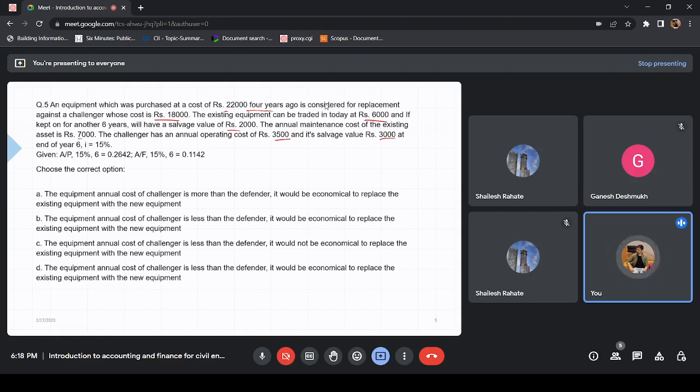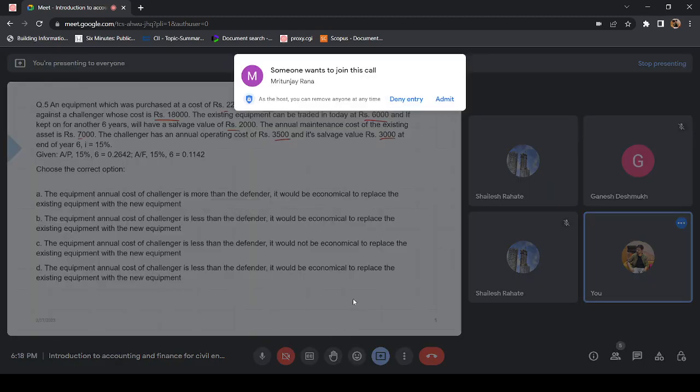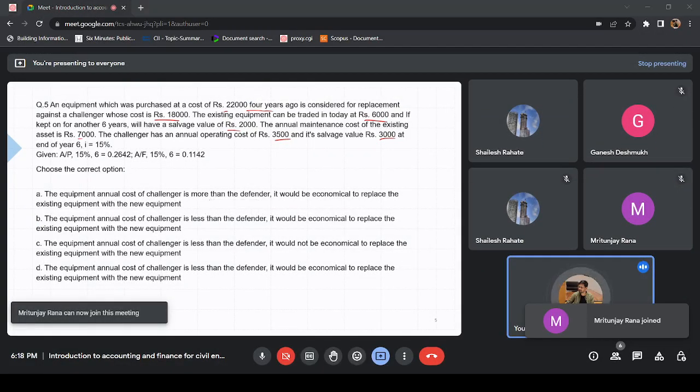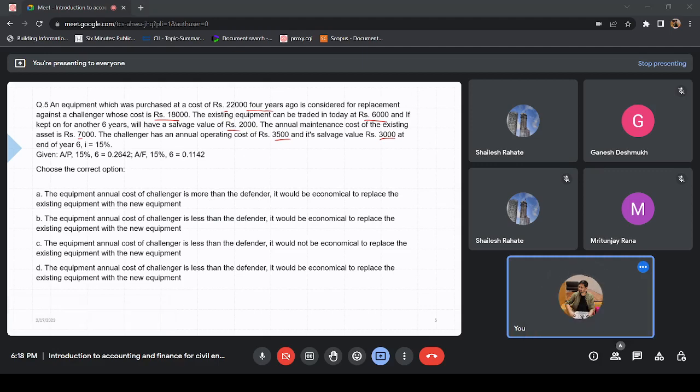No, sorry, challenger is the new one. We have got a defender here that you purchased 4 years ago, right? So how to proceed, or what will we do? You have got the question in front of you. I will need some help doing this question.